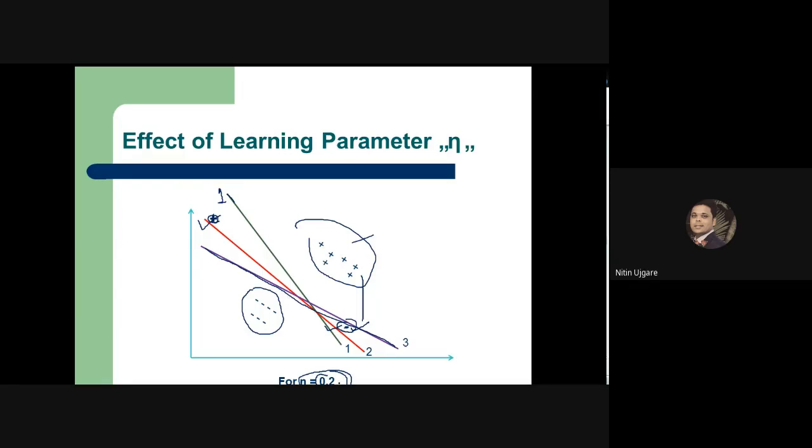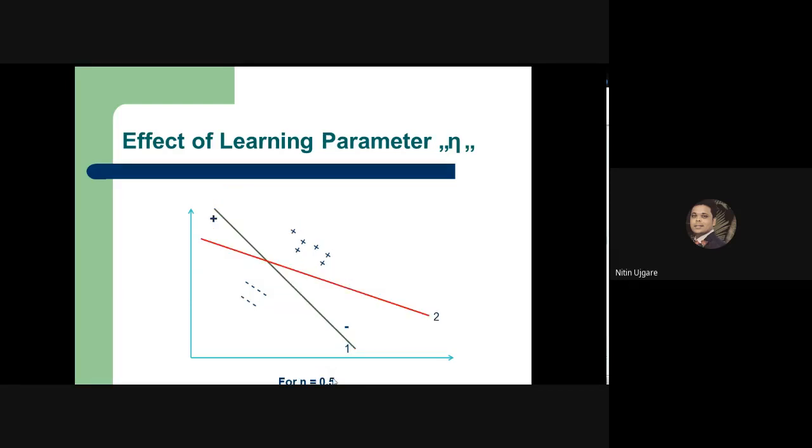Now let us assume that we have increased this value of eta to 0.5. And when I increase the value of eta to 0.5, then I will have a better classifier which classifies these 2 points correctly.